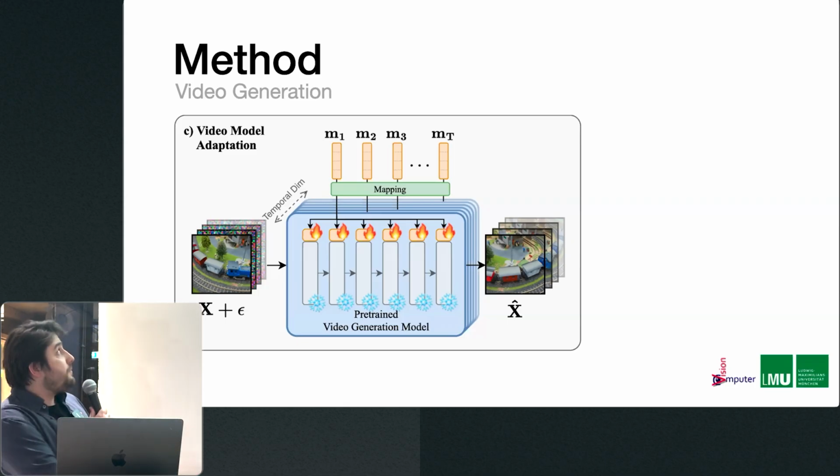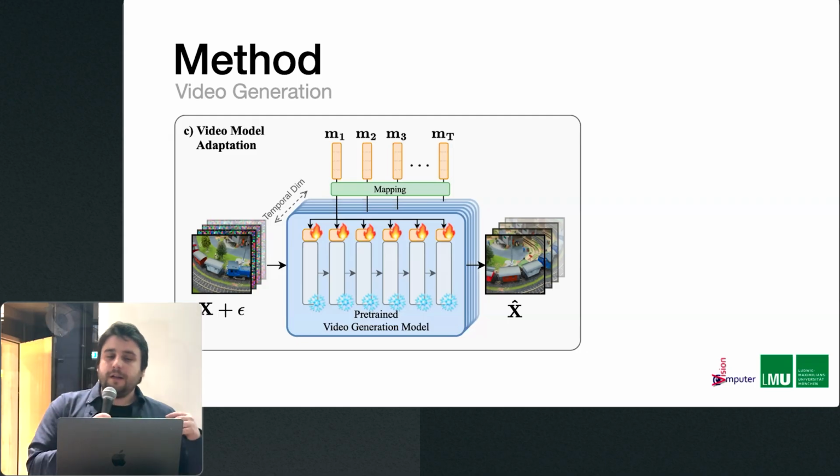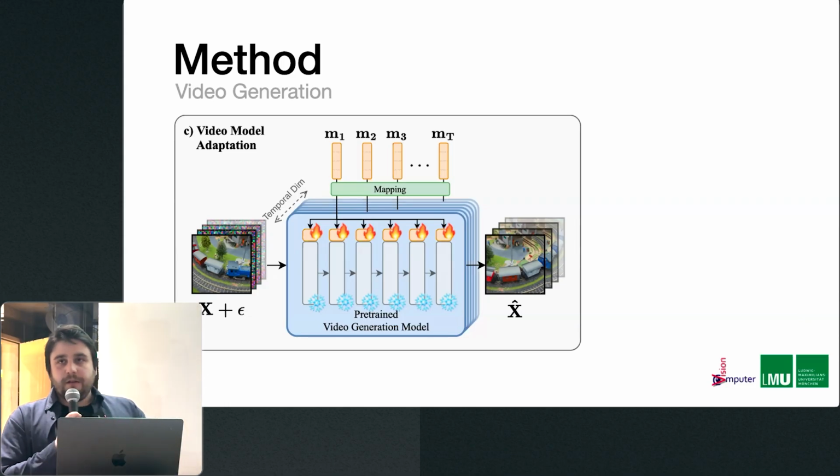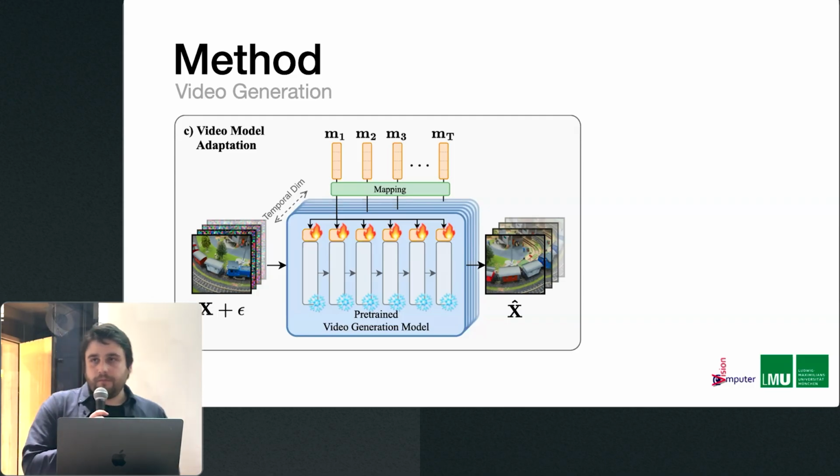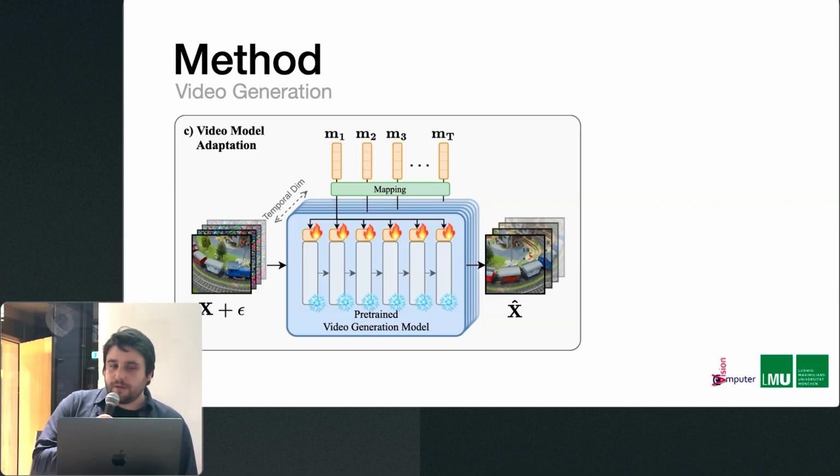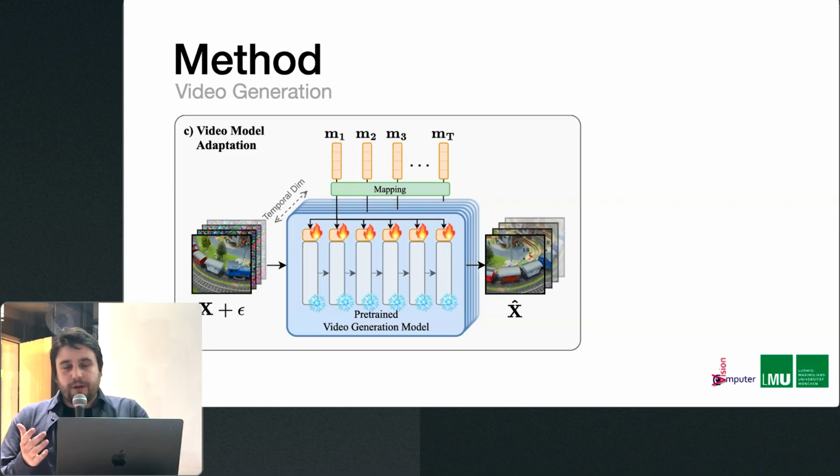Then we route each motion embedding to the particular tokens that correspond to the temporal time step of that motion embedding within the video model. Because we use LoRAs, this is a very efficient method. It also converges quite quickly. We need 10 to 20K iterations, and then this fine-tuning already works.